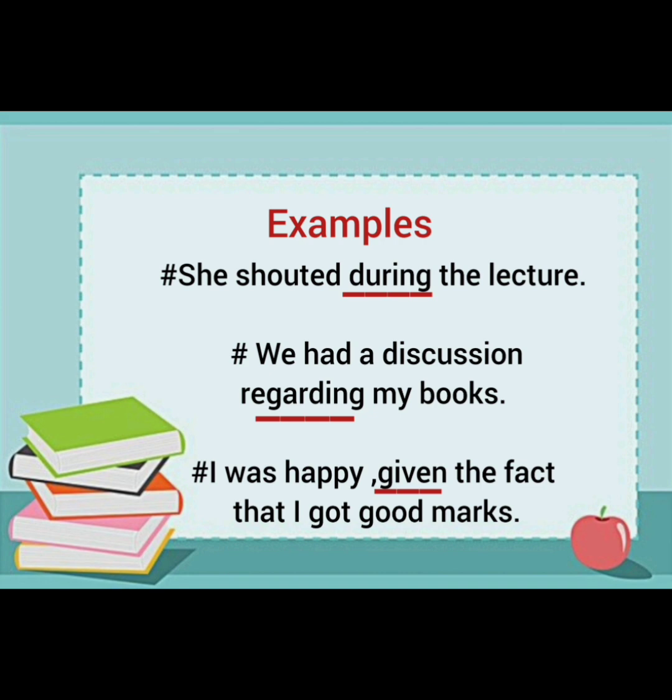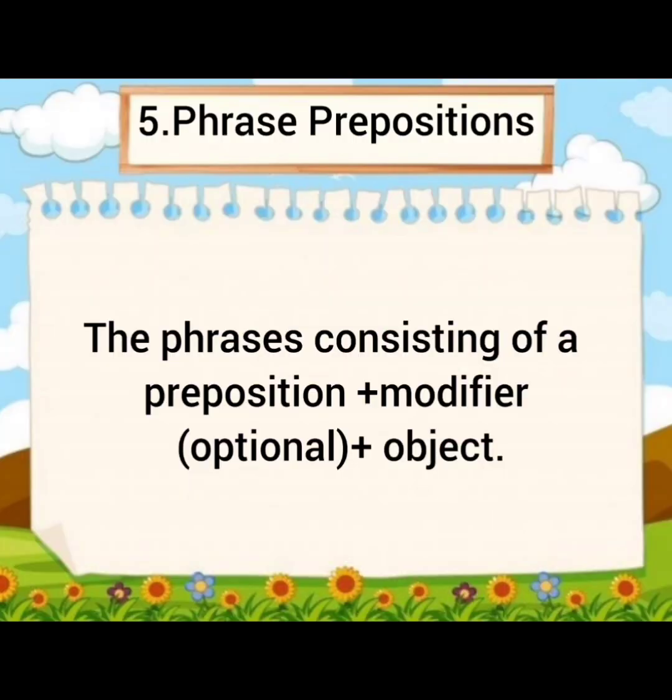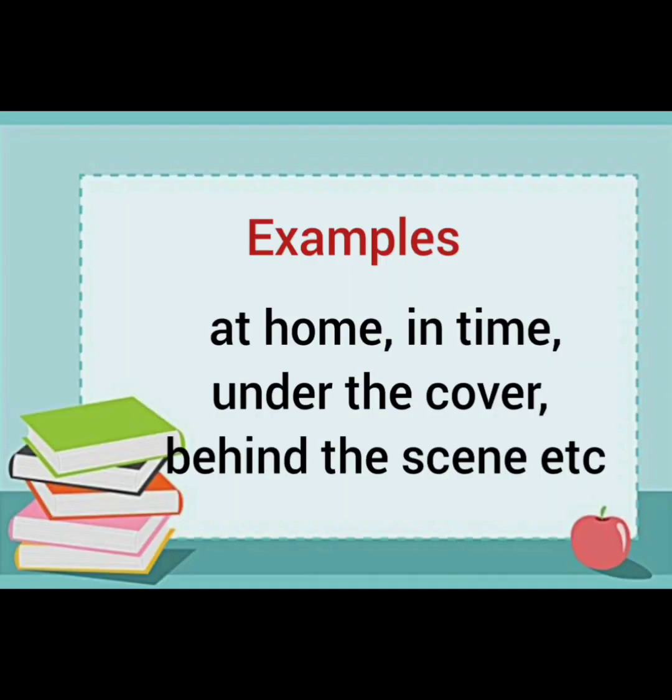Then the last type of preposition is phrase prepositions. The phrases consisting of a preposition plus modifier, that is optional, plus object are known as phrase prepositions. For example, at home, in time, under the cover, behind the scene. They are also known as prepositional phrases.